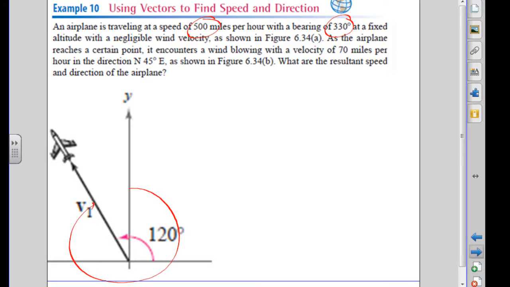So unit circle-wise, because this is 30 degrees sandwiched between here, this must be 120 degrees. So as the airplane reaches a certain point and encounters a wind blowing with a velocity, so a second magnitude, of 70 miles per hour in the direction 45 degrees east of north.